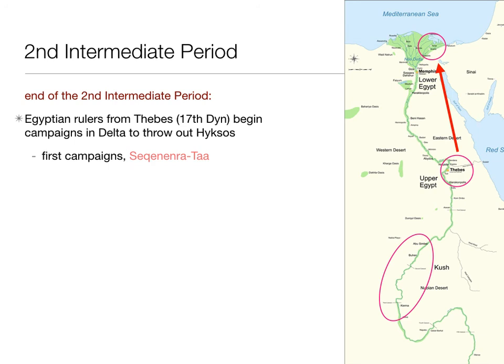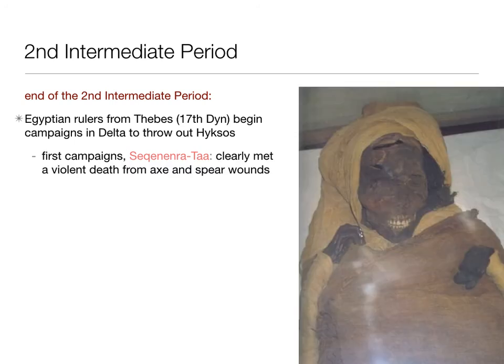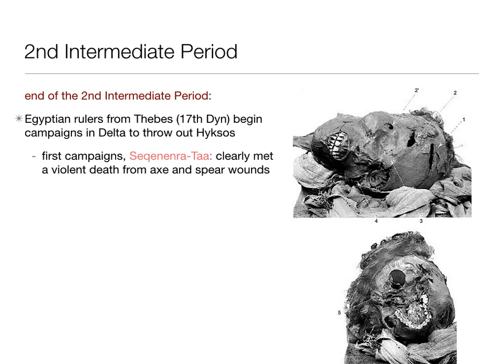The first campaigns were begun by a leader named Sekenenra Ta, who really gave it his all, but as you can see, took a pretty serious beating along the way. He met a violent death; he's got axe wounds, hatchet wounds, and spear wounds, and all sorts of stuff in his skeleton. His mummy shows that he was soundly defeated in his first round trying to push the Hyksos out.